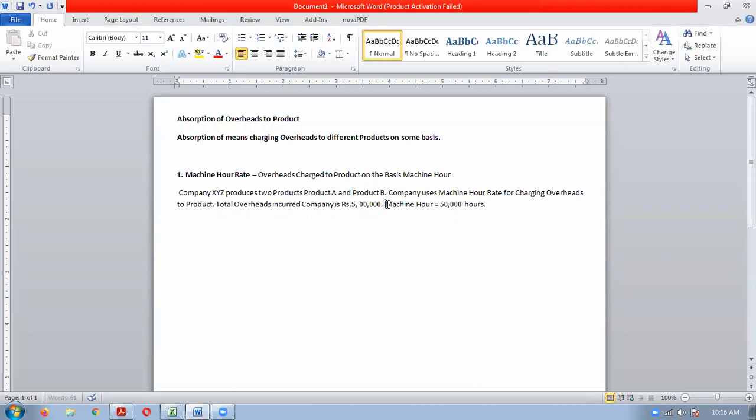So total machine hour during the year is 50,000 hours and total overhead cost is 5 lakhs.